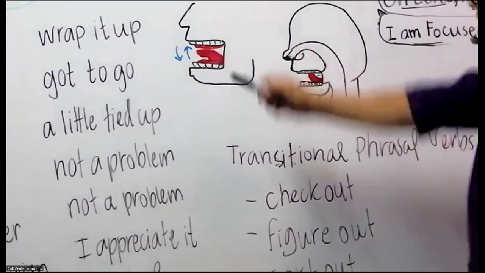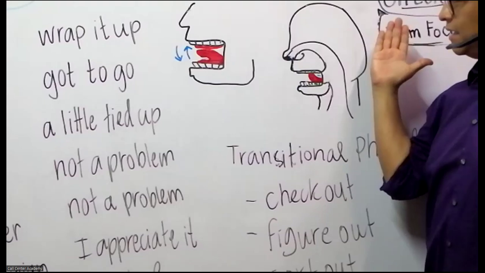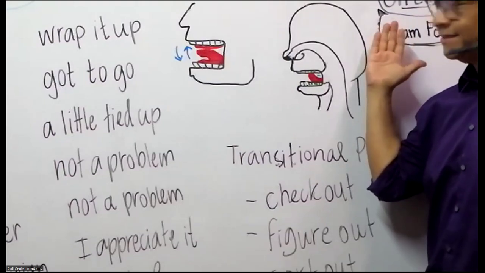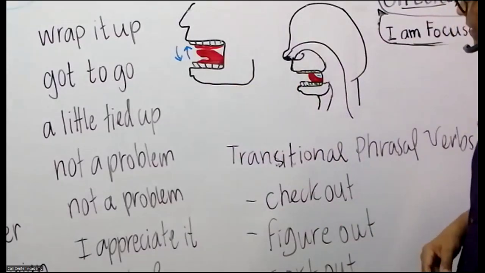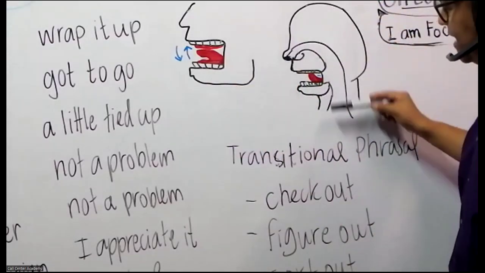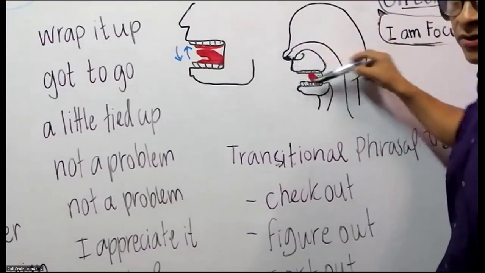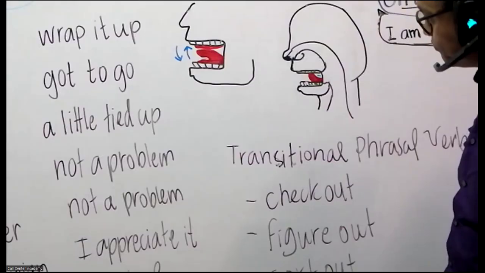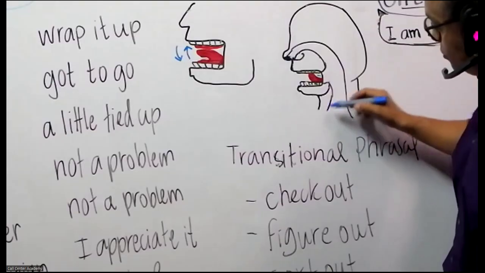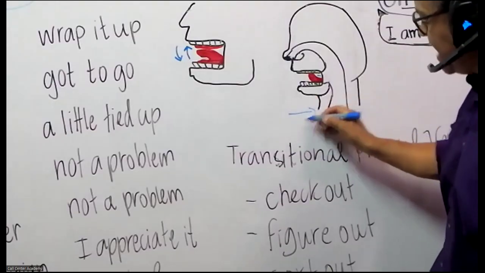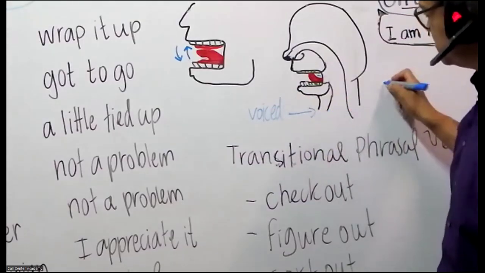So imagine a human head dissected right through the middle. And here we have where the release of air should be. Now, when you're pronouncing English, voiced sounds are produced by your voice.